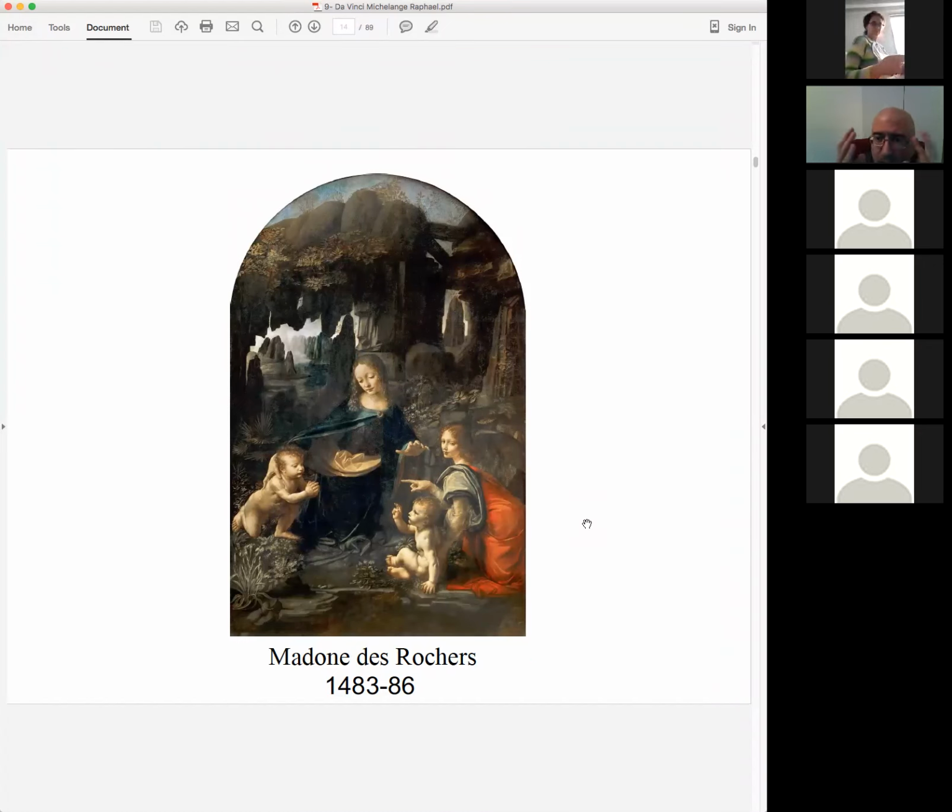So this is not a story that you will find in the Bible. And the story is that during his escape towards Egypt, an angel arranges for a meeting between Christ and Saint John the Baptist in the cave that you see here before you.